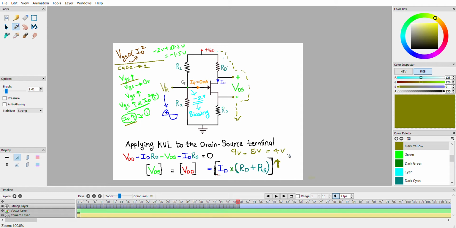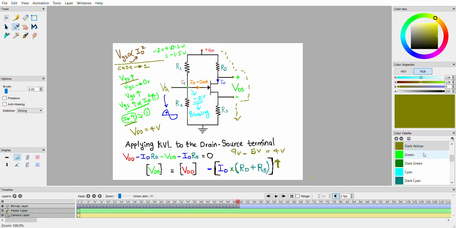I'm trying to help you out with this example so that you can understand it in a much better way. So in case 1 we are getting VDS equal to 4 volts. What that means is that if ID increases, your output voltage, that is drain source voltage, decreases.